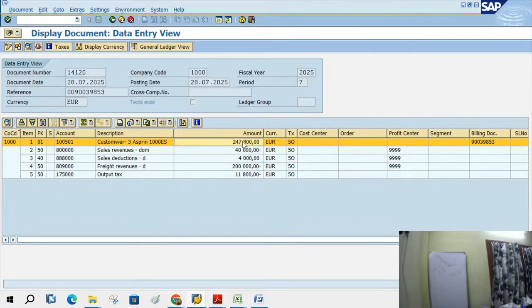Yes or no? So how you got 2,40,800? 40,000 minus 4,000 is 36,000. 36,000 plus 200,000 plus 1,100 put together is this. This is the amount this customer is going to pay.